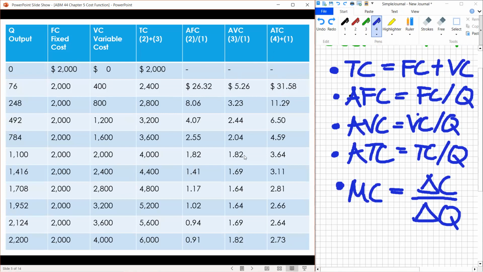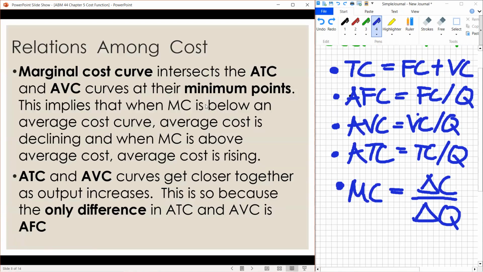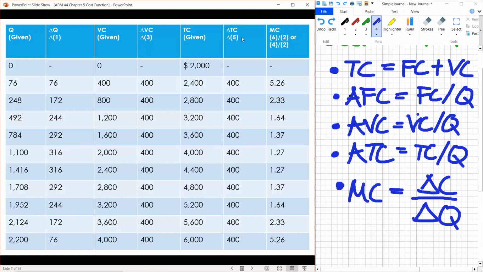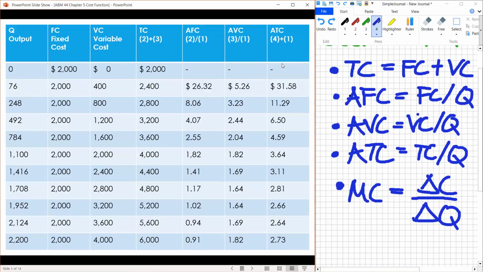I hope you can see. They intersect at the minimum points. So let's try to look at where that is. This one. Where do they intersect? Actually the ATC and AVC intersect somewhere over here. Okay, they have the same number.